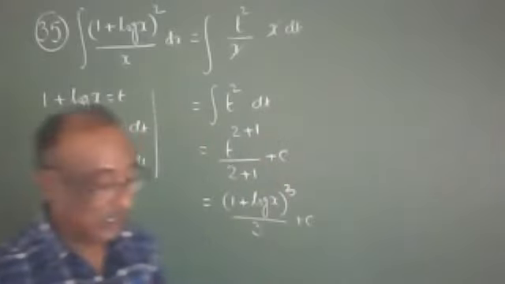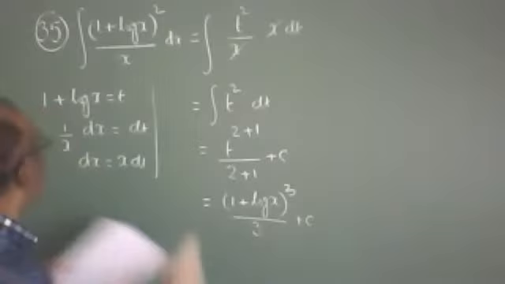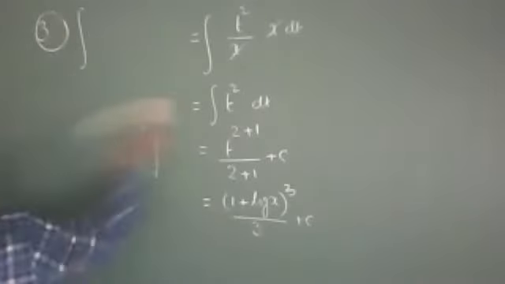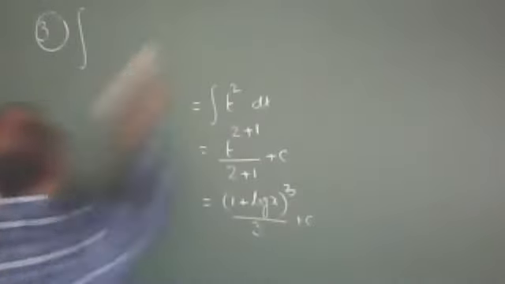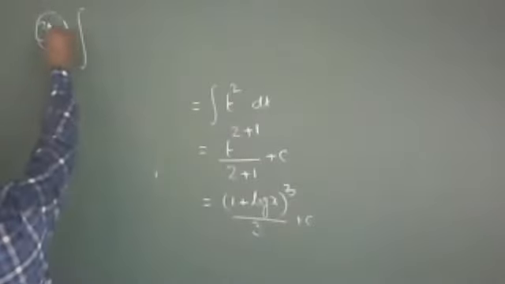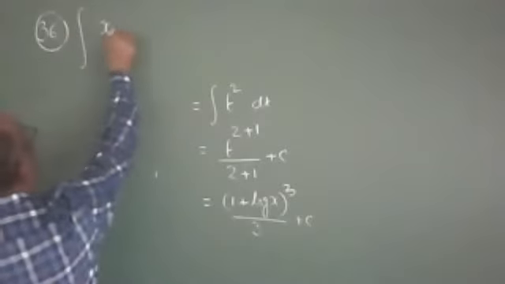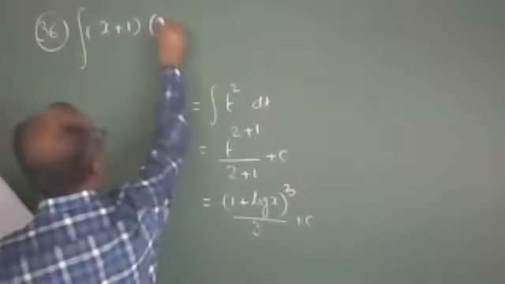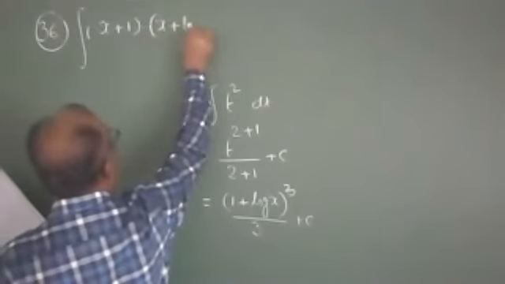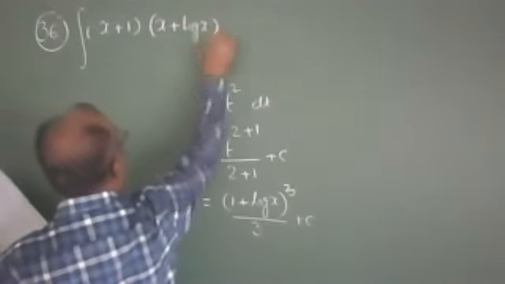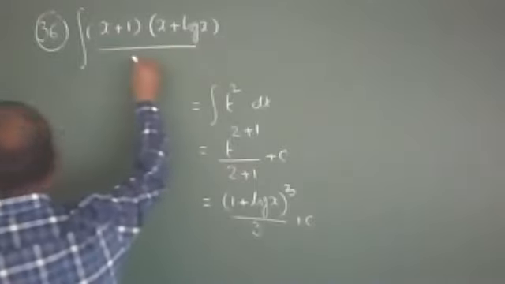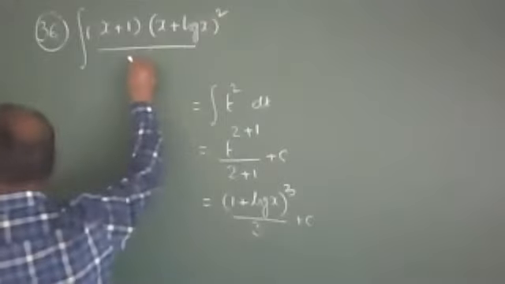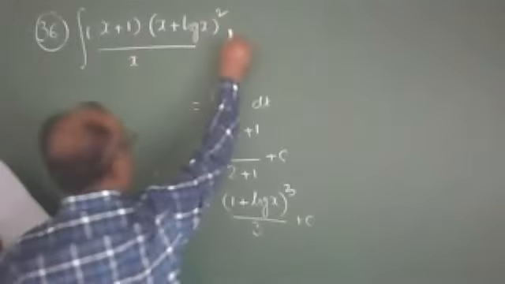Okay? Right, everyone, go through the 36 problem. Everyone see the 36 problem: the integral of (x plus 1) into (x plus log x) whole square, by x, where the denominator is x, into dx.